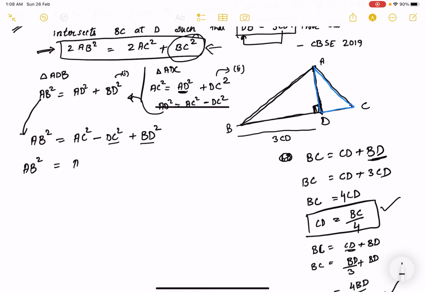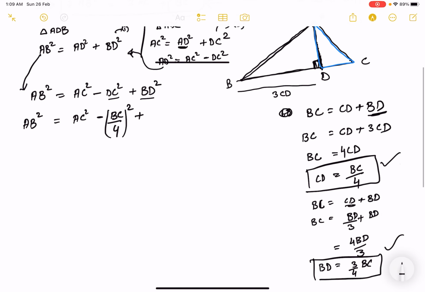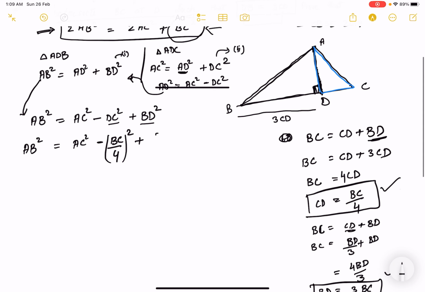AB square is equal to AC square minus, instead of CD we will substitute BC by 4 whole square, plus BD square. What is BD? BD is equal to 3 by 4 BC. So it's 3 by 4 BC whole square.